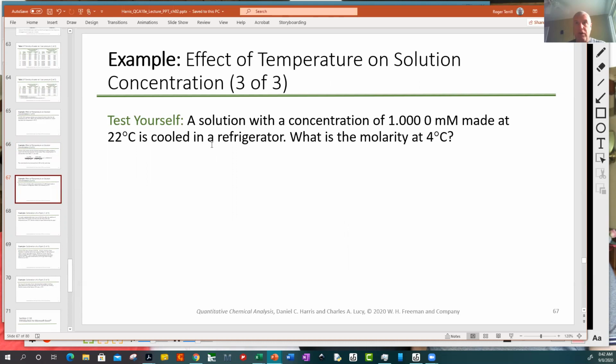So if we prepared a buffer solution at 20 degrees C and then cooled it in the fridge at 4 degrees C, what's the new concentration? Well, first of all, is it going to be higher or lower? Well, 4 degrees C happens actually to be the maximum density of water.